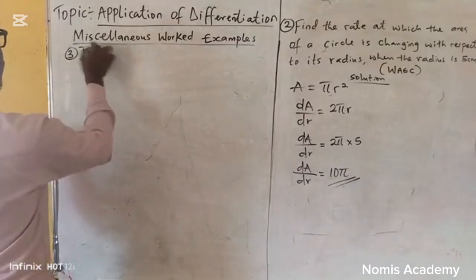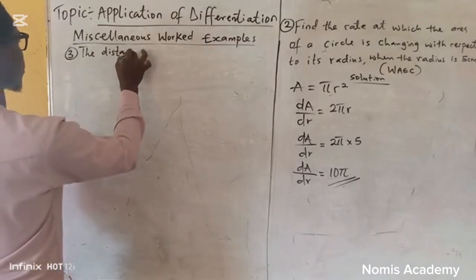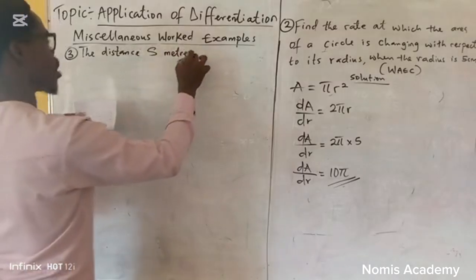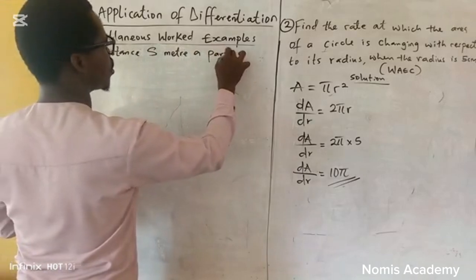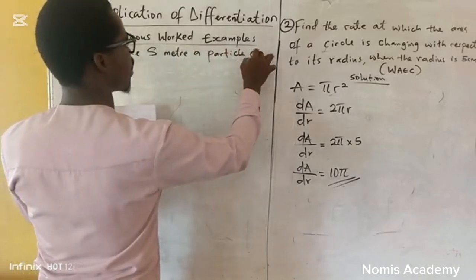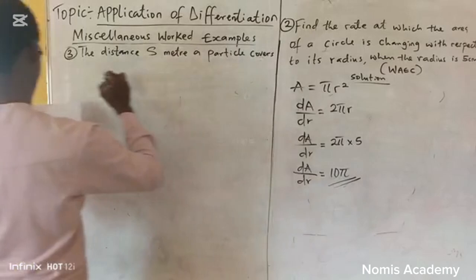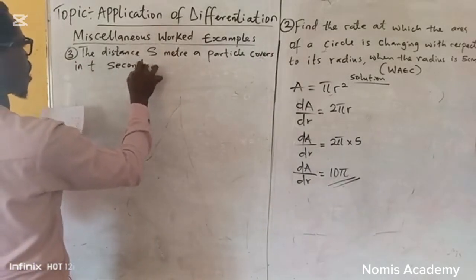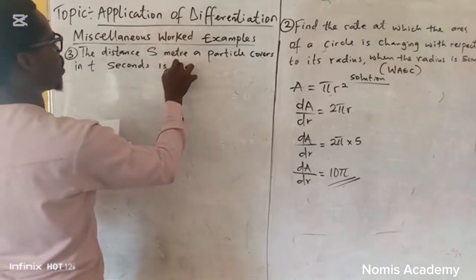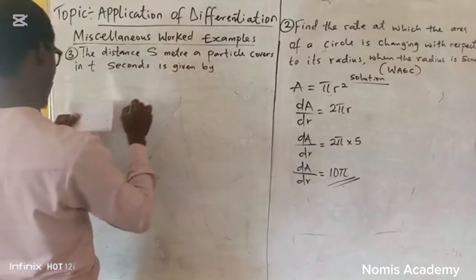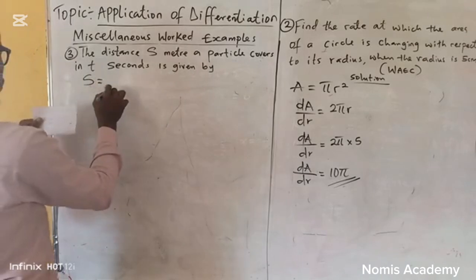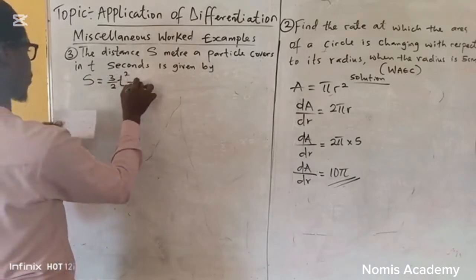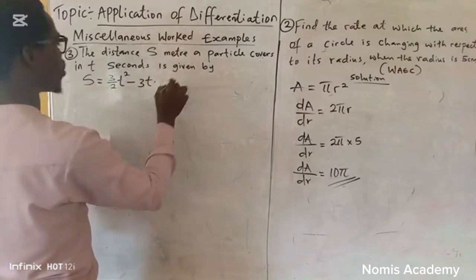The distance s meters a particle covers in t seconds is given by s equal to 3 over 2 t squared minus 3t.